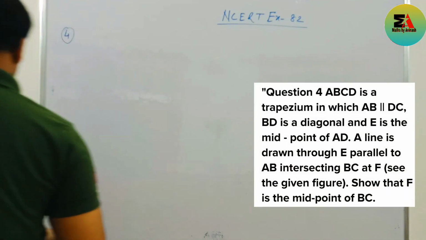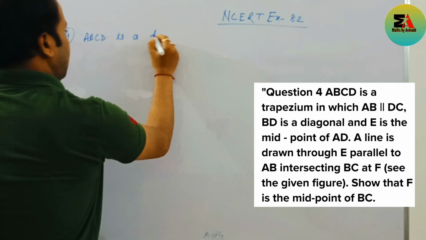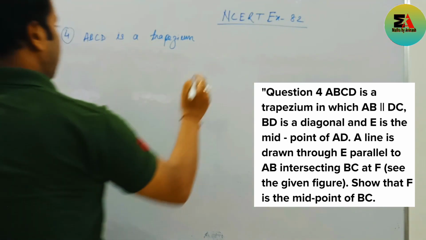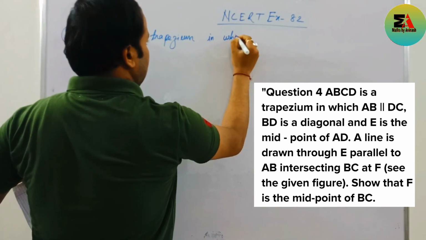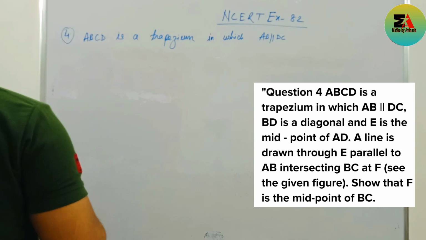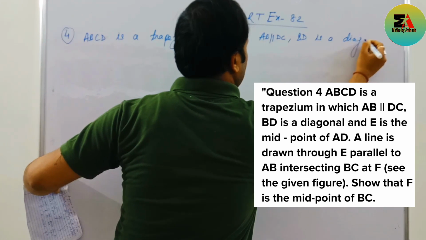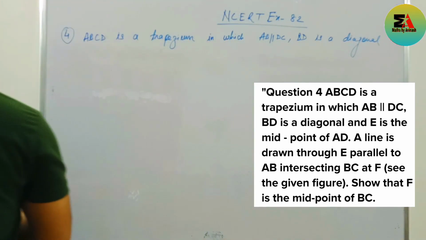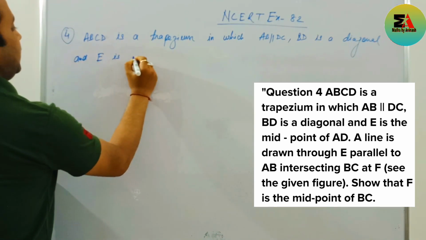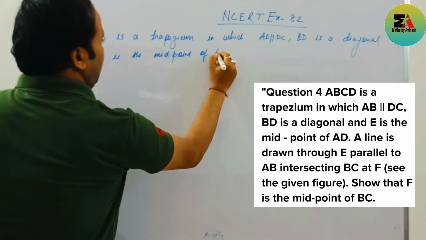Next sum is question 4. ABCD is a trapezium in which AB is parallel to DC, BD is a diagonal, and E is the midpoint of AD.